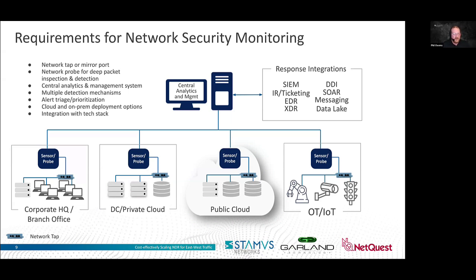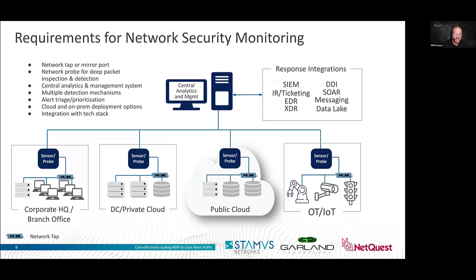Doing alert triage and prioritization, and being able to connect with the rest of your security stack, is also very important. Network security monitoring shouldn't be your only monitoring tool, but you're going to want to be able to connect it in with the rest of your tech stack, moving information into a data lake or being able to send messaging alerts over to a SOC.